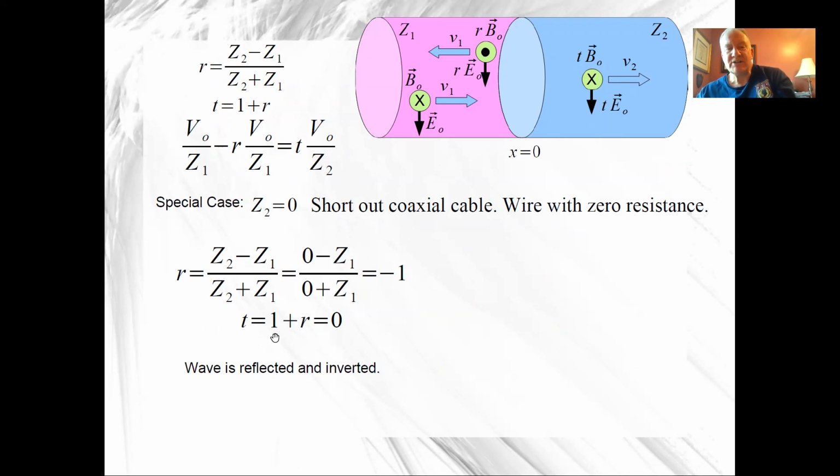And the transmission is going to be 1 plus R, which is 1 minus 1, which is 0. So if we just short out the coaxial cable, the electric field goes down, hits that short, and then just travels back the other way. The direction changes, but its magnitude is the same.